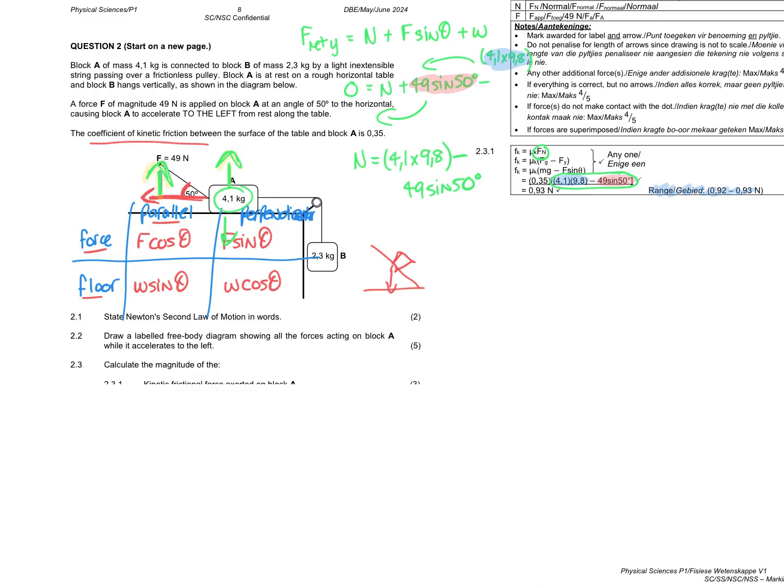At least 2 decimal places, and so there is normally a range for the answers, but preferably use your calculator without rounding off. You can round off your final answer only, and then you will get all the marks. So that answer there was quite tricky, but you need to try and remember this table for if you have a skew force or a skew floor.